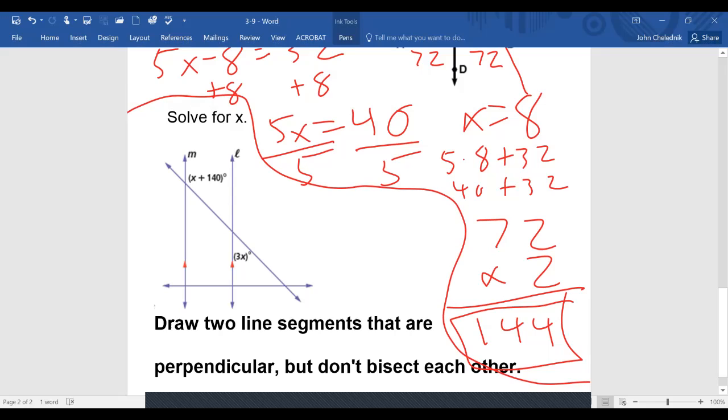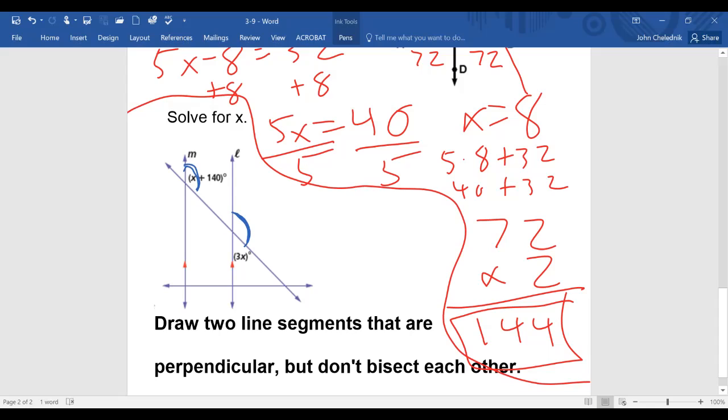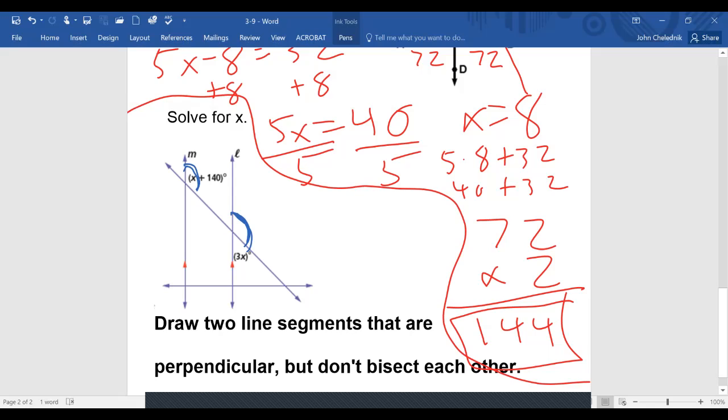Okay, so this is a corresponding angle to this, which we will discuss in more detail when we get to lesson 3-4, which I will be teaching in person. But this corresponds to this. So this is x plus 140.